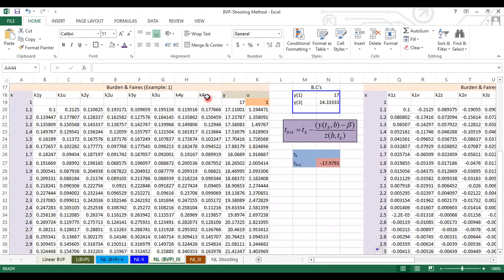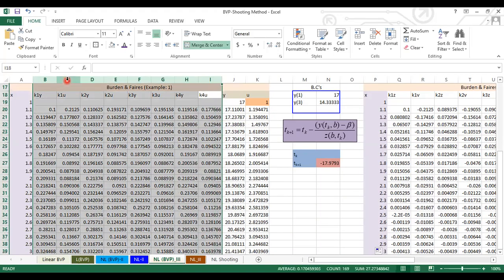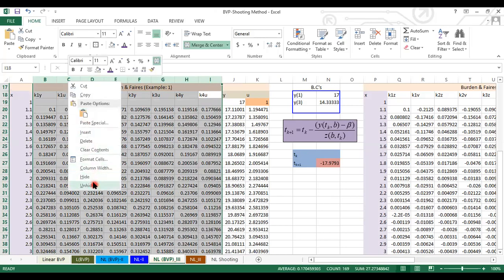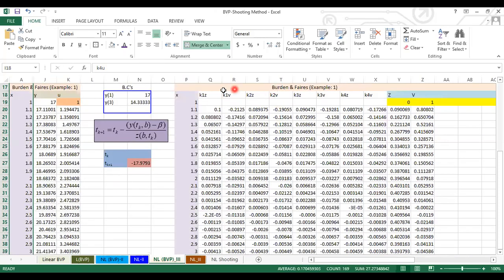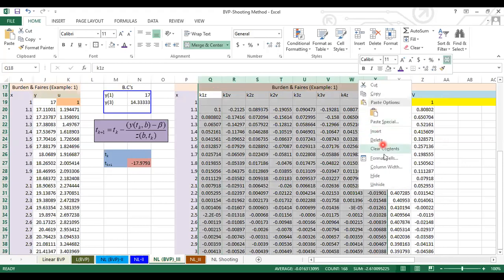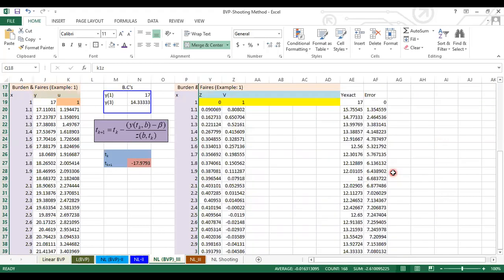So let me just hide these cells, these intermediate calculations. Okay, we have the exact value and the computed values.